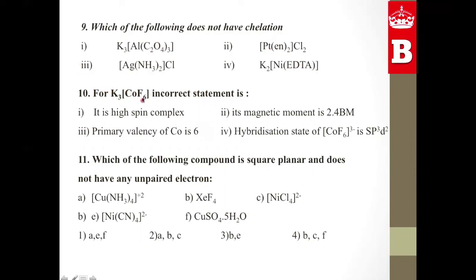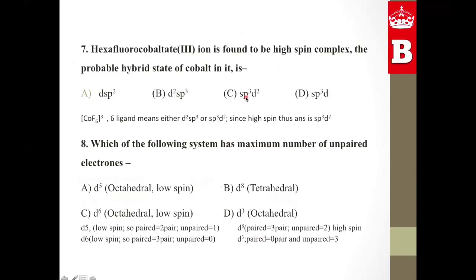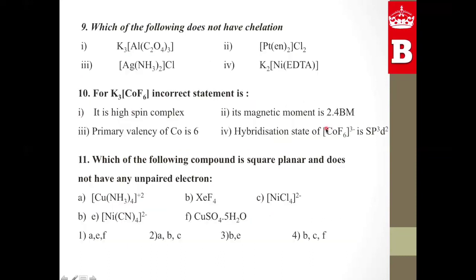For K3CoF6, what would be the incorrect statement? Already we have seen earlier that this is the case. This is the exercise we have already done, and here is another question based on CoF6 to the power 3 minus. If 3 minus comes here, then it will be K3. So definitely, undoubtedly, it's a high spin complex. It is true.